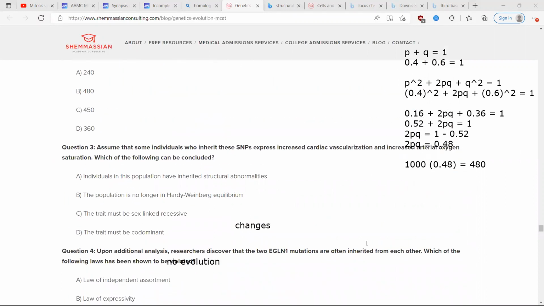Okay, so let's write out a logic chain. We're starting from the fact that we have SNPs, right? So the SNPs lead to natural selection, right? No, I'm jumping ahead. The SNPs are leading to increased cardiac vascularization and the oxygen thing, and arterial O2 saturation.